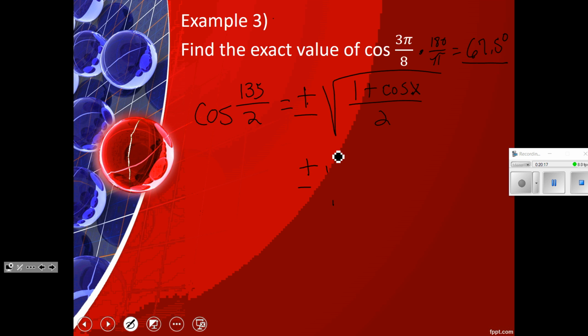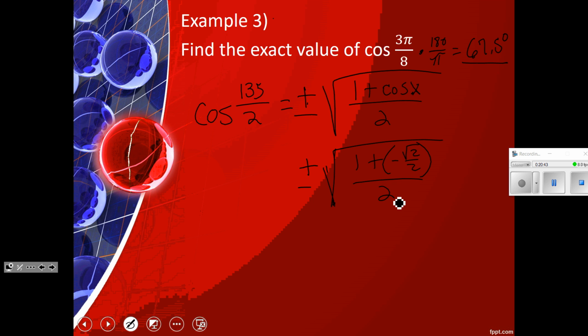So plus or minus the square root of 1 plus the cosine of 135, all divided by 2. Okay, cosine of 135. If you go to 135 and look at your x coordinate, it would be what? Negative square root of 2 over 2. Now you cannot just leave it like that because we do not leave a fraction within a fraction.